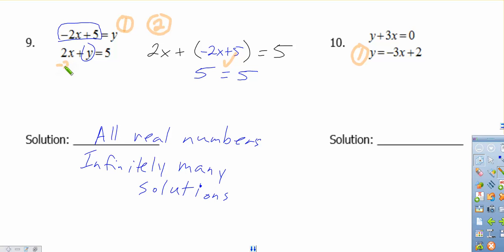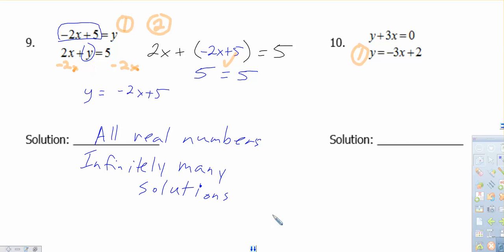If I solve this one for y, I get y equals negative 2x plus 5, which is exactly what that first equation was. So therefore, if you have two things that are the exact same, remember coincident yesterday, where we had the two lines that lie directly on top of each other? They're really the same line. That's what happened here. These two are always at the same place at the same time.